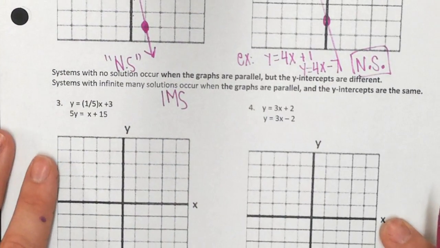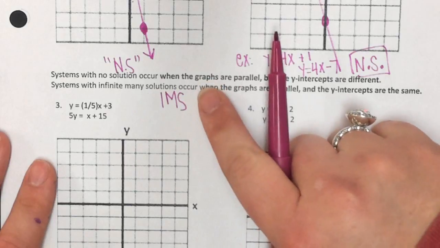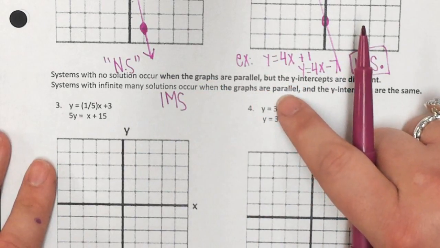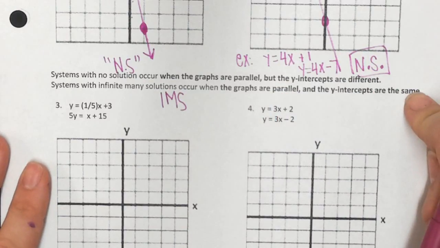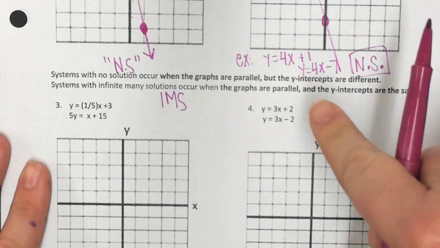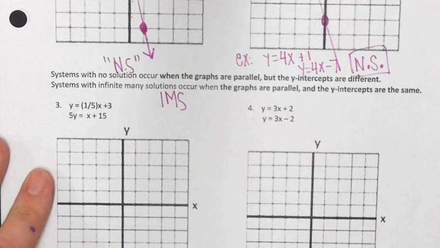My teacher last year told us how to spell it out. I don't care if you put IMS. This occurs when the graphs are parallel, and the y-intercepts are the same. So basically, this happens when they are the same exact equation. Same slope, same y-intercept.